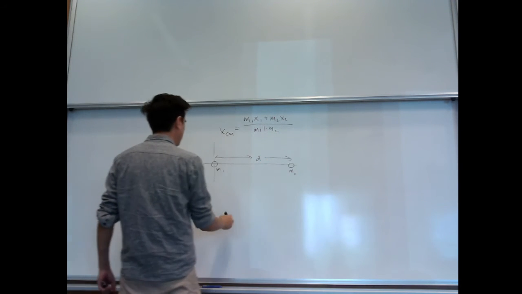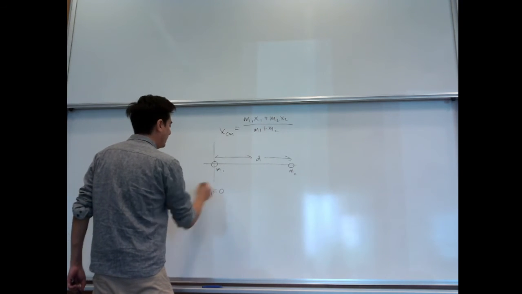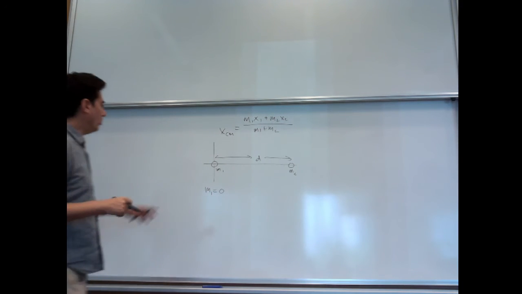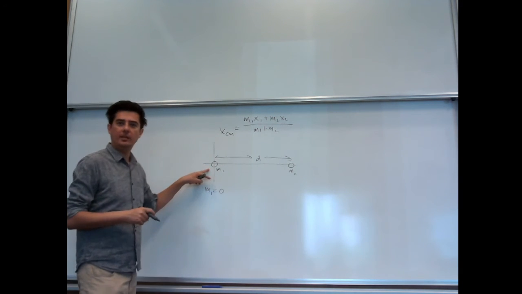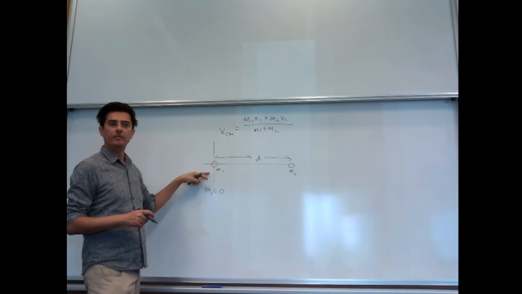Let's look at the case when m1 is actually 0. If m1 is 0, then there is no mass here, right? And where should the center of mass be for this case? X2.